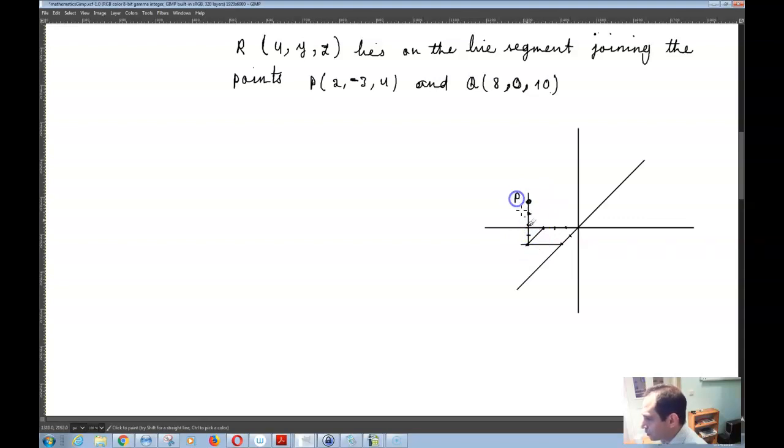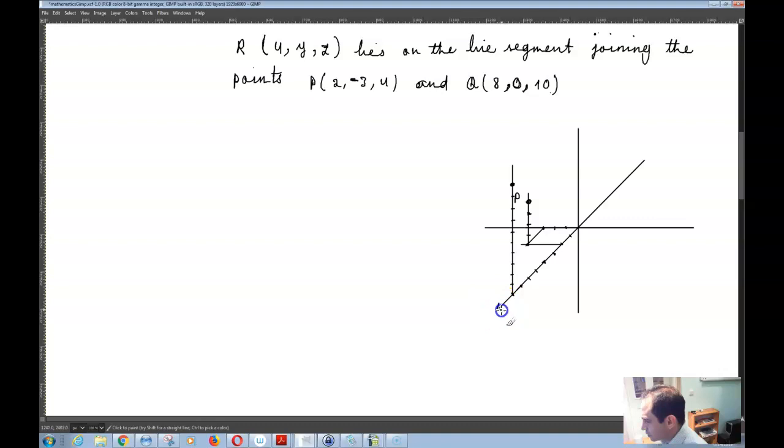So this is point P, and point Q is (8, 0, 10). So 1, 2, 3, 4, 5, 6, 7, and 8, 0, 10. So you have 1, 2, 3, 4, 5, 6, 7, 8, 9, and 10.